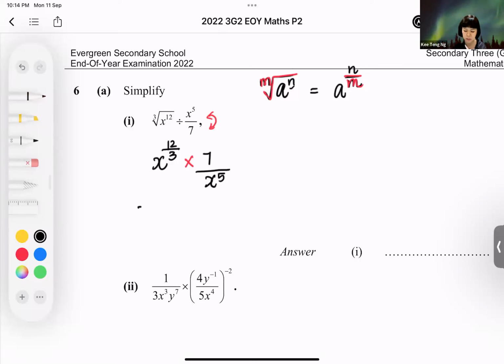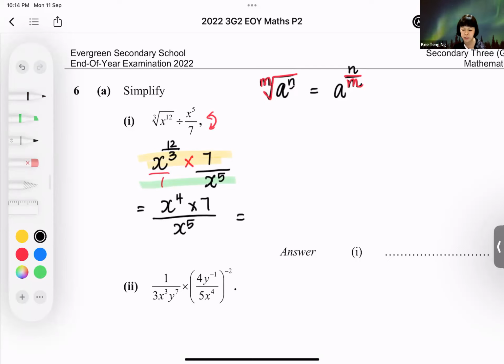Let's further simplify. x to the power 12 divided by 3, 12 divided by 3 is 4. x to the power 4 times 7 is what is in the numerator, and whatever is in the denominator will be over x to the power 5.